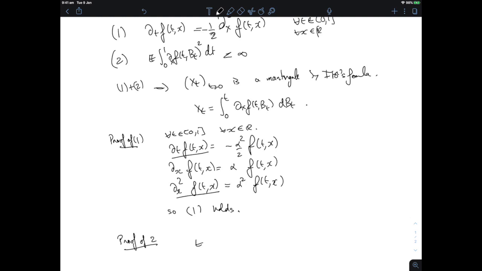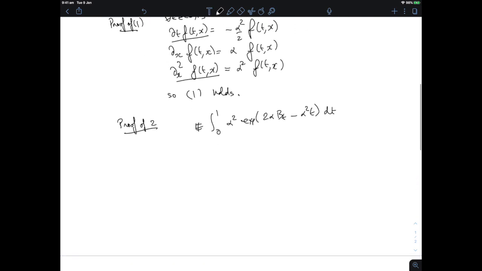Okay, now what about 2? I have to compute the expectation of the integral from 0 to 1 of alpha squared times exponential 2 alpha B_t minus alpha squared t dt. So let's compute that.